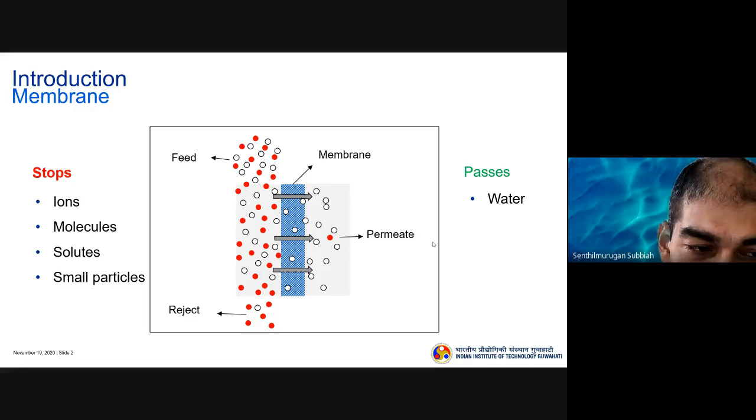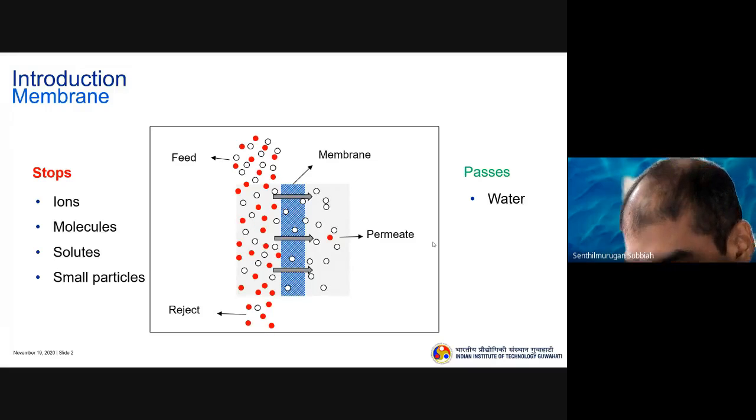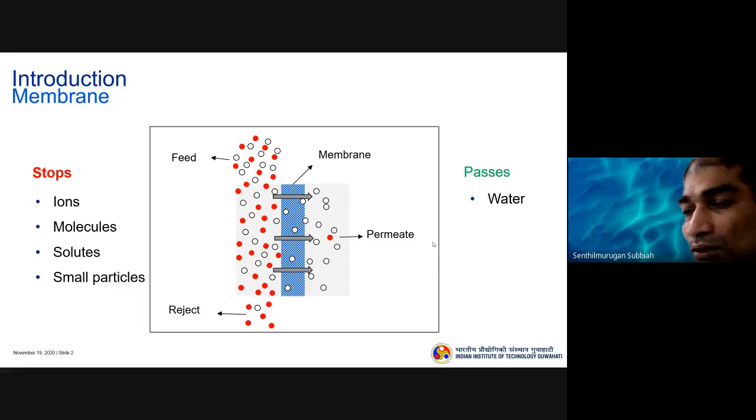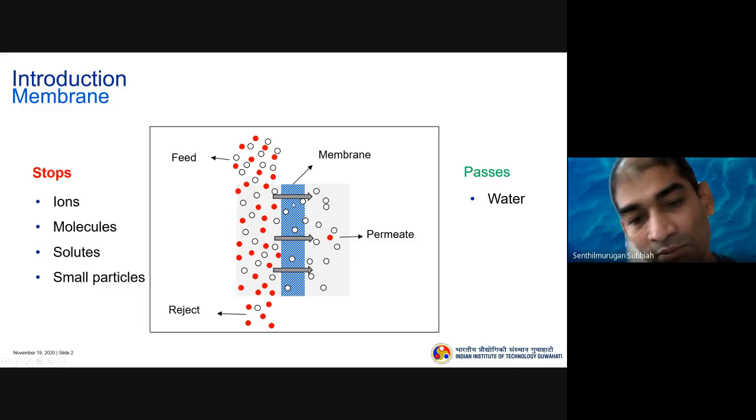For example, ions, molecules, and all the small particles can be separated by the membrane. The process can vary from microfiltration, ultrafiltration, reverse osmosis, and in between you have nanofiltration. These processes are basically classified on the size of the particle which can be rejected by the membrane.